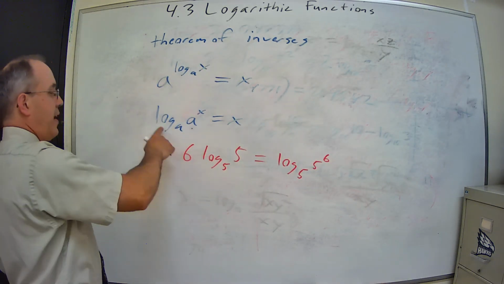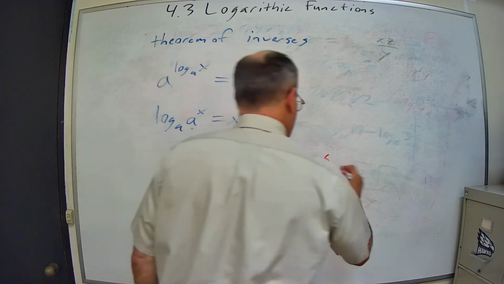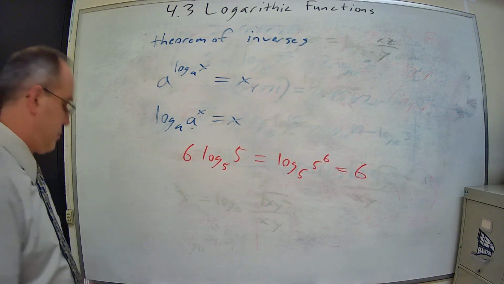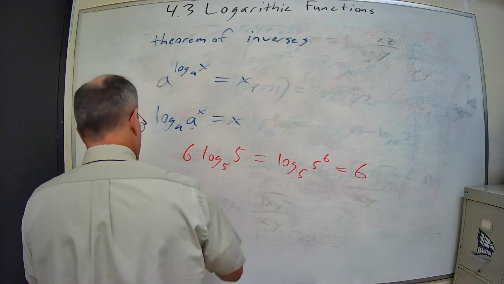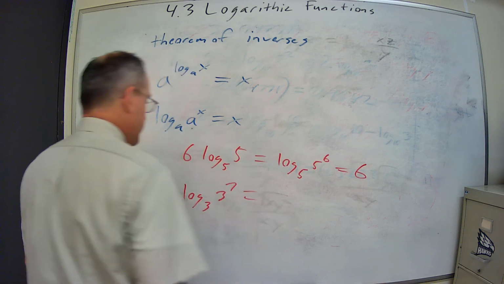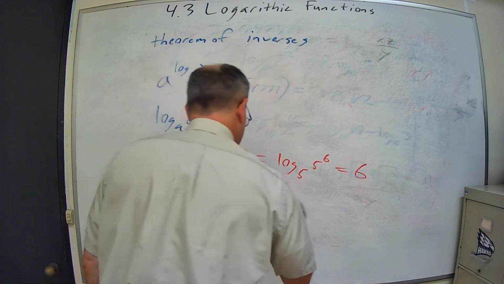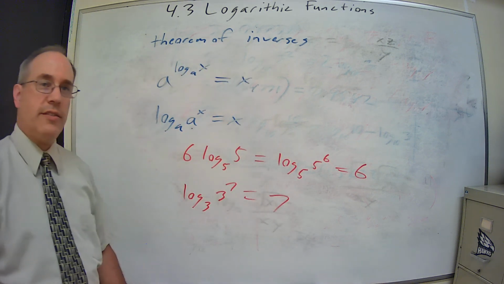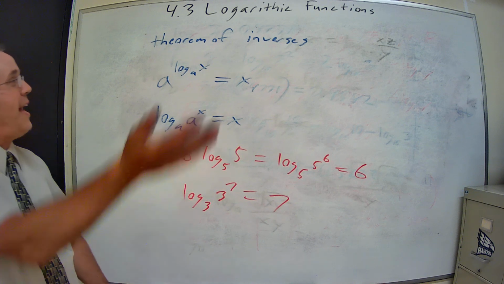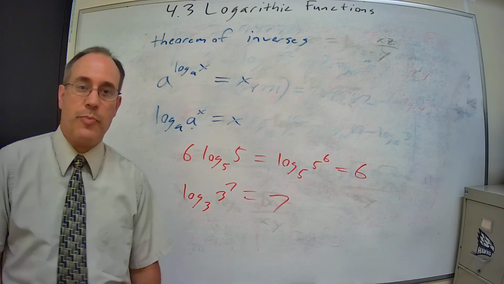And this tells me if I have log base a of a to the x, that this is going to be equal to x. That's going to be equal to 6. And if I have log base 3 of 3 to the 7, log base a of a to the x is equal to x, which in this case is 7. And there we go. That is section 4.3, logarithmic functions.